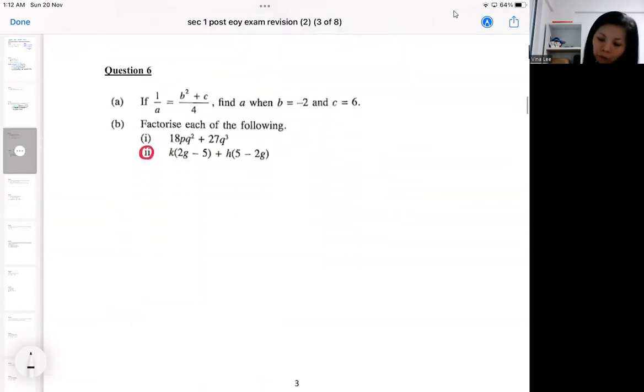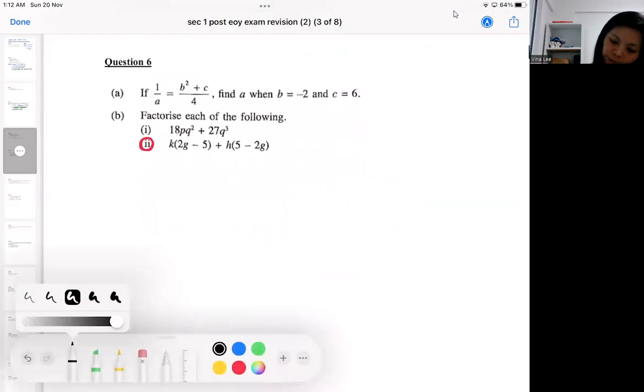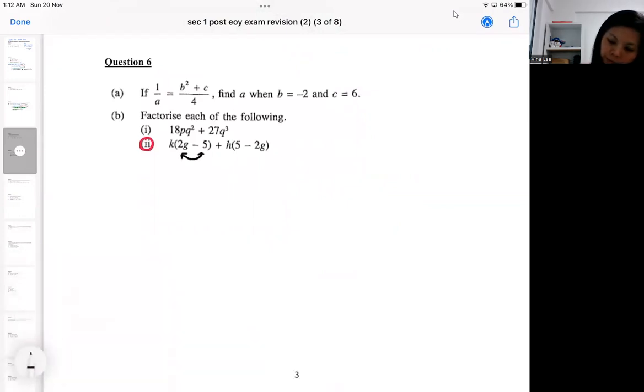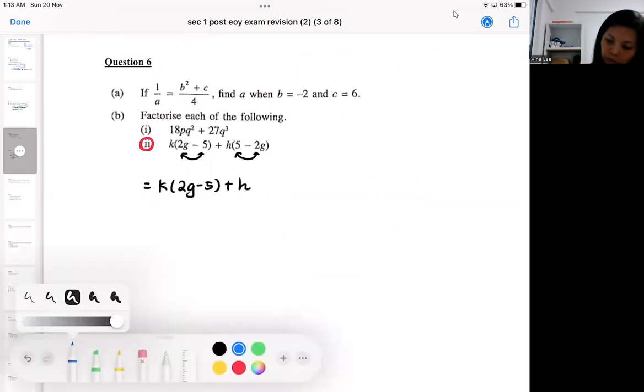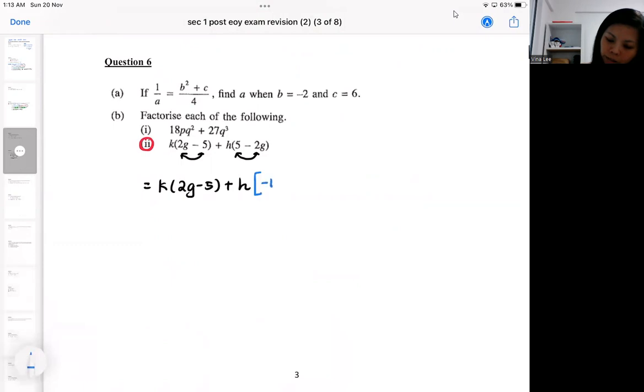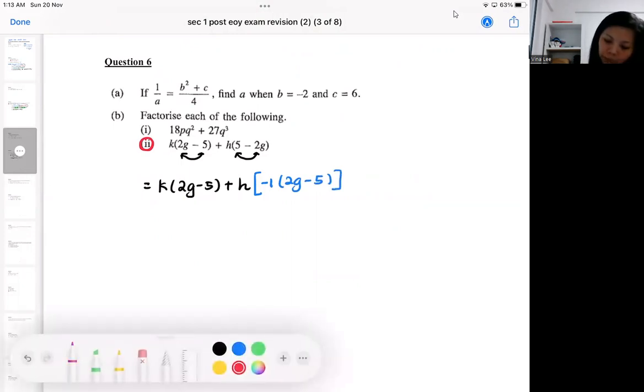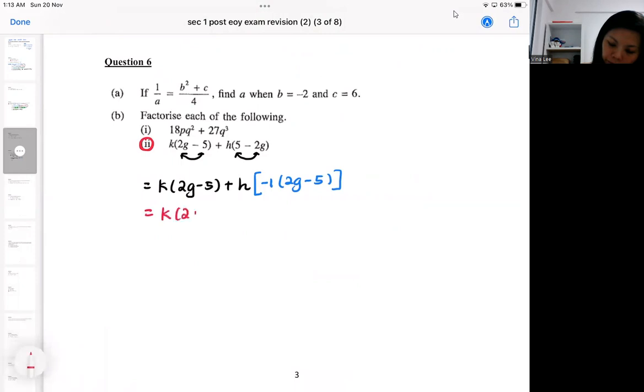For 6b part 2, again you observe there is actually a flip. I will always change the second one. Then you observe positive and -1 will become a negative.